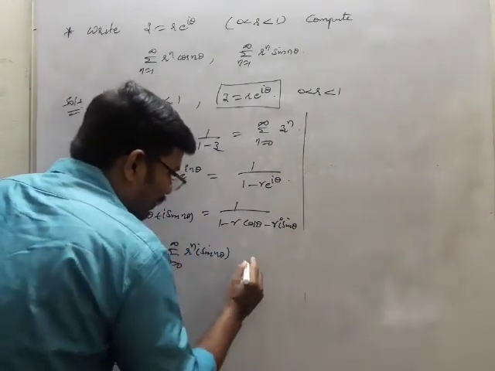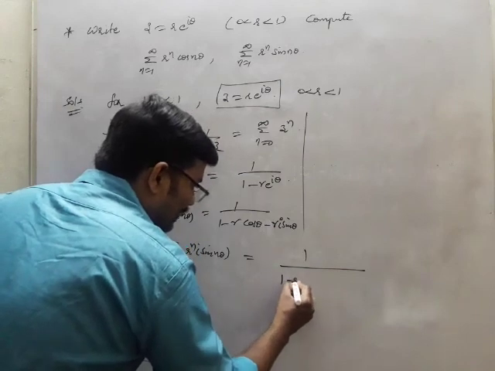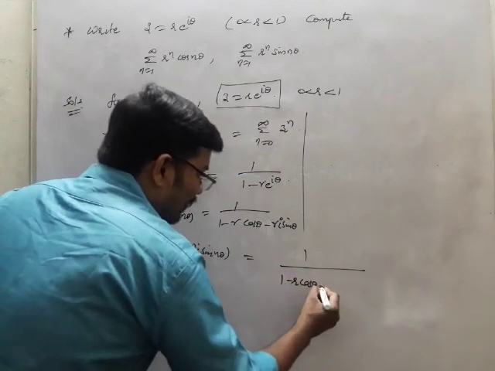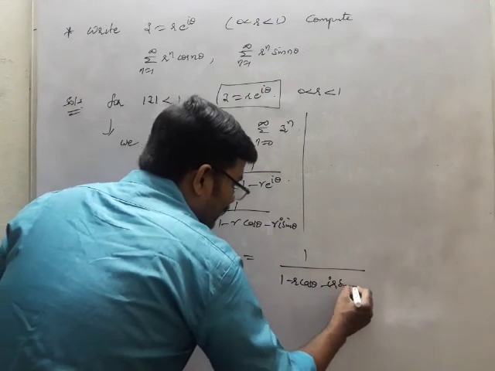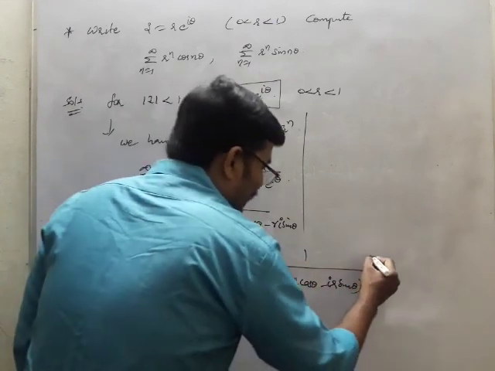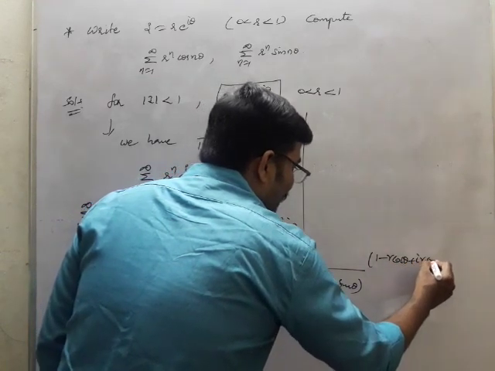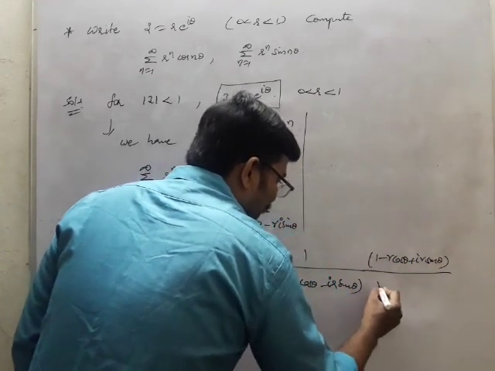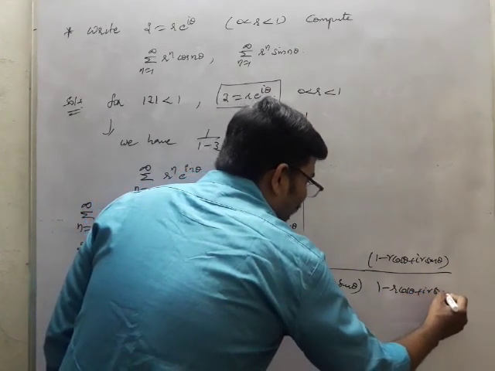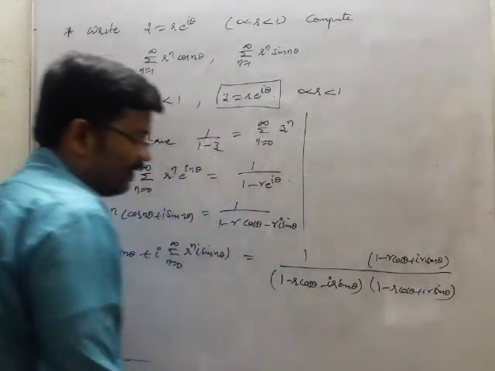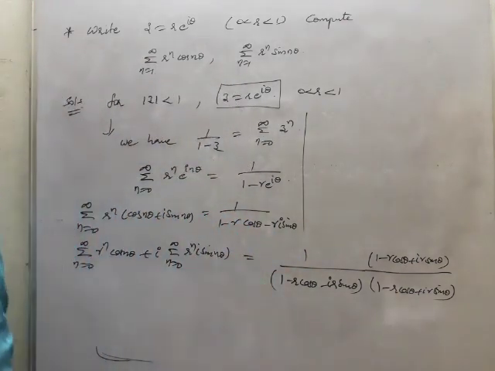And that is equal to, I'll just rationalize, the conjugate (1 − r cos θ + i r sin θ) by (1 − r cos θ + i r sin θ). I have multiplied and divided to rationalize the given term.